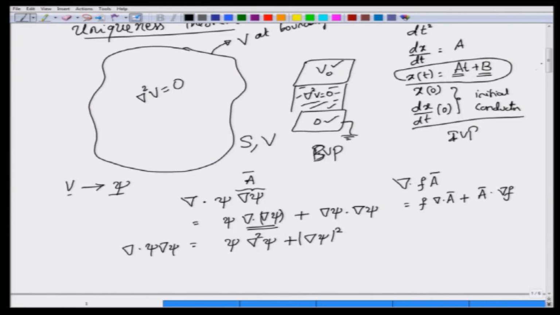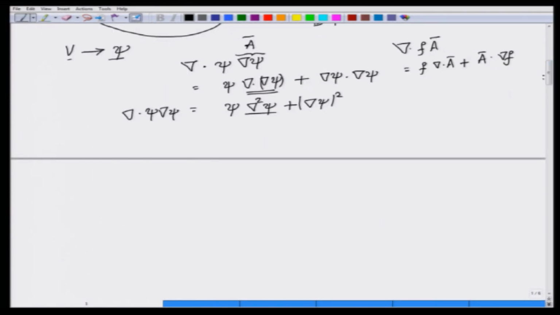If you look at this quantity, you will immediately recognize that the first term has to be equal to 0. Why? Because on the surface that I am considering, the Laplace equation tells me that del square of the potential is equal to 0, and since psi is essentially the potential that we are considering, this term must be equal to 0. So, 0 multiplied by psi is 0, and this entire term is equal to 0.